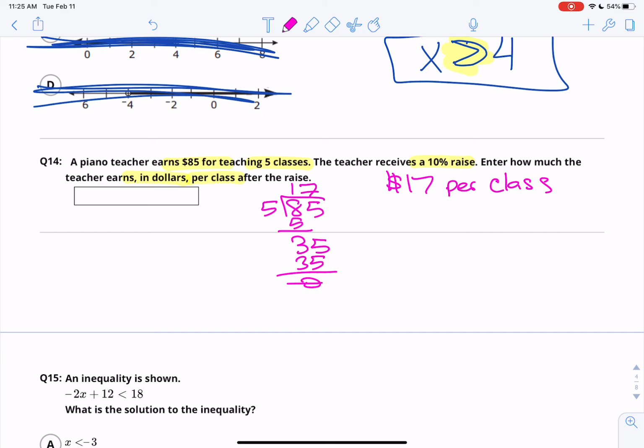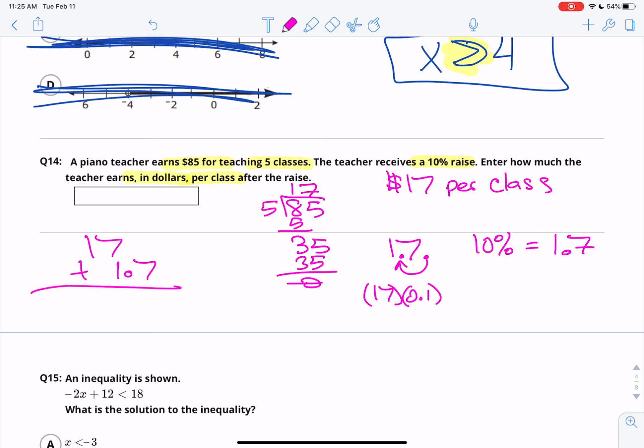Now, they receive a 10% raise. So 10% of 17, the decimal moves to the front one time, or you could do 17 times 0.1. It's however you want to look at it. And so that means 10% is going to equal 1.7. You're either moving the decimal or multiplying. And then 17 plus 1.7 gives us 18.7.